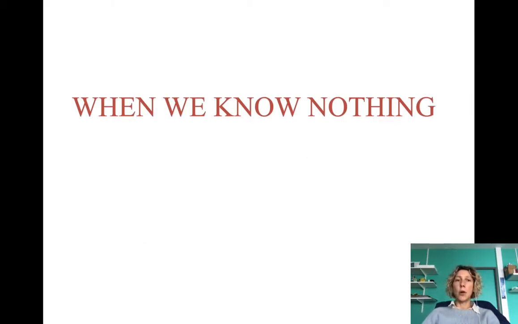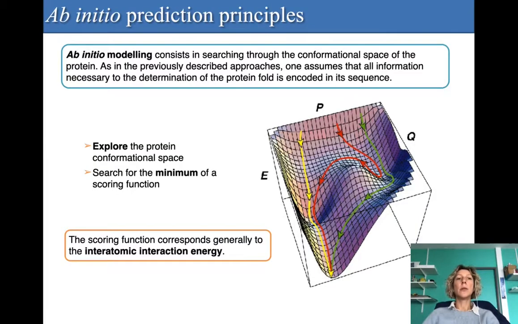Okay, and then there is the hard part: when we know absolutely nothing, what are we going to do? Then we need to do ab initio predictions. Okay, so ab initio modeling consists in searching through the conformational space of the protein with some priors about the physics and the chemistry of this object.